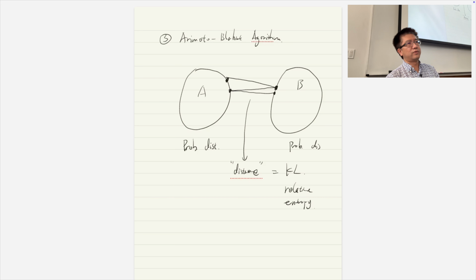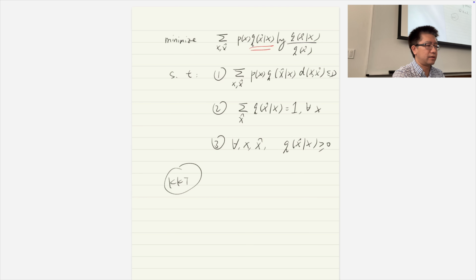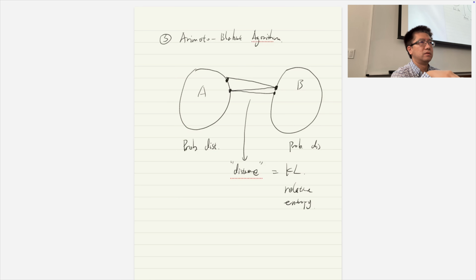So far so good. However, we have one problem. When we want to do this minimization problem, only this one is a variable. But here we need two variables, so both of them can be changed.